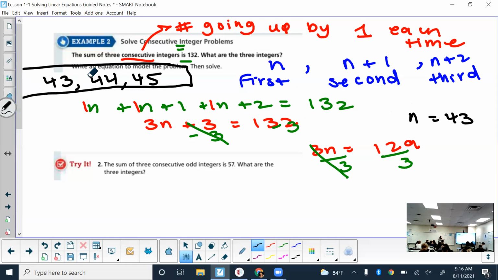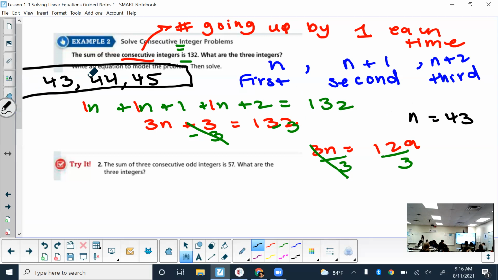All right, I'm gonna have you guys try the last one in your workbook, but pay attention to this part. So on your try it says 3 consecutive odd integers. So what does that mean, or what's an example of that? Consecutive odd integers, yes? Megan? 1, 3, and 5, right? What's another one?